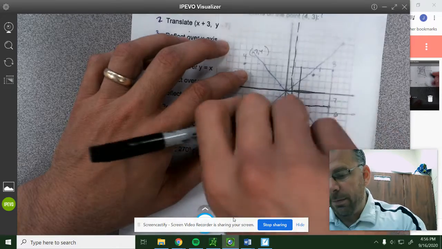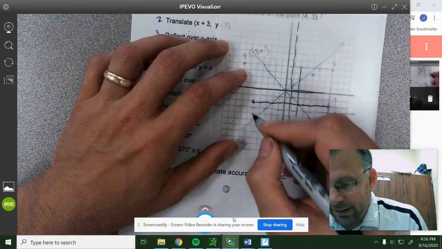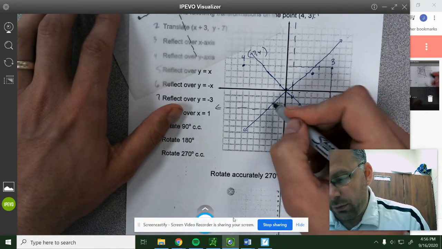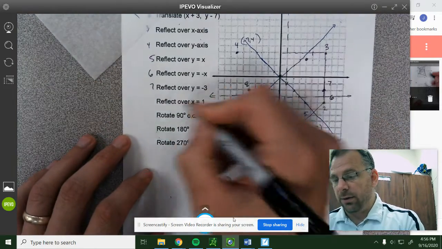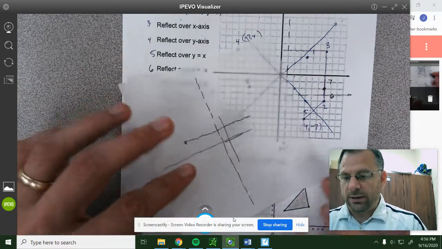So when I flip it over that line, it should be 1, 2, 3, 4, 5, 6 steps away from my line over here. Here's my number 8. Rotate 90 degrees counterclockwise.